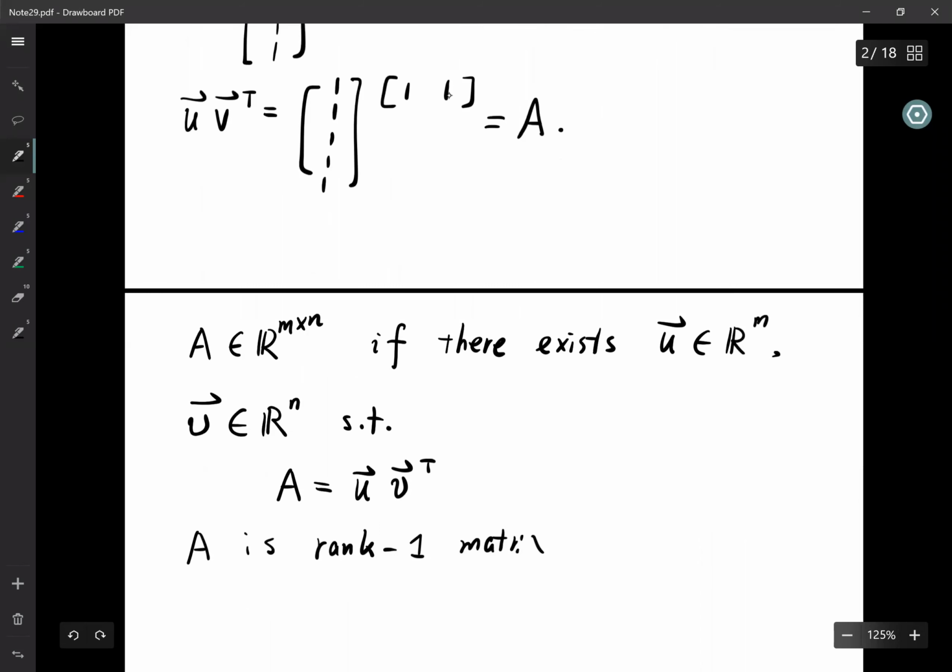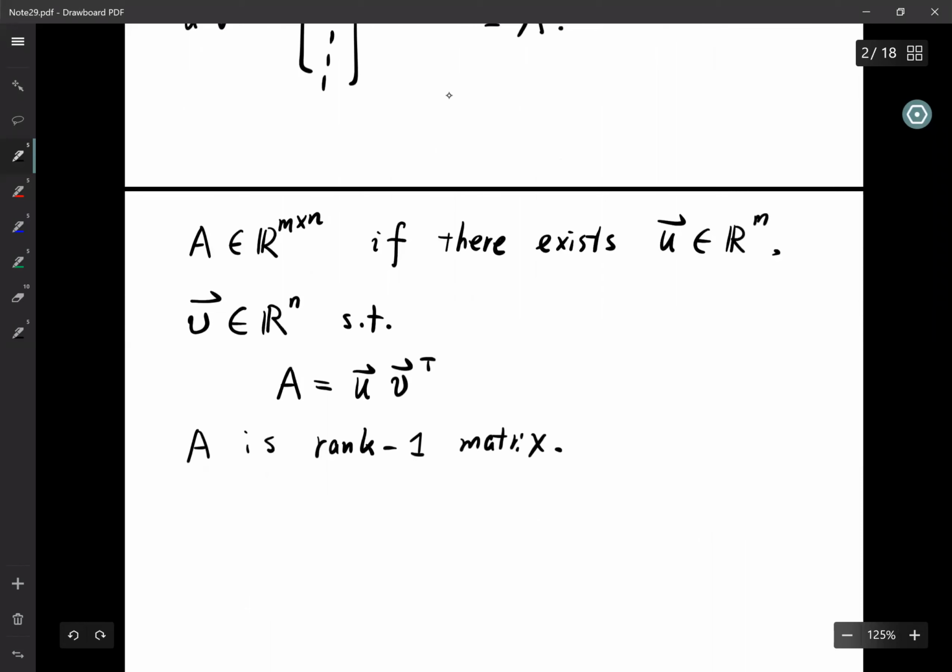Here the rank is exactly the same thing as we have learned in chapter 1, the rank of the matrix, which is the dimension of the column space, because you can see all the columns are given by some number times U.